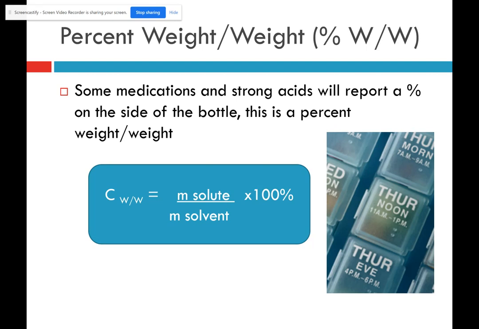So what they do is they add filler to the pills so that it's easier to see. What they may report is the percentage of the active ingredient, and that's going to tell you the mass of the actual active ingredient in the pill over the total mass of the pill. Same formula though, but this time we're dealing with 2 weights instead of a weight and a volume or 2 volumes.